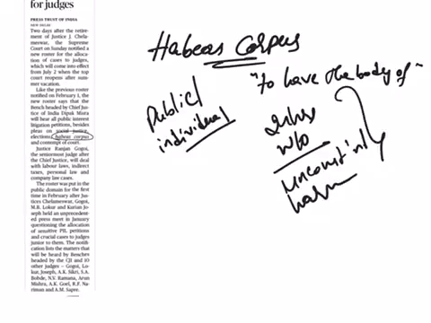Under these 4 cases, this habeas corpus writ can be issued. The habeas corpus writ is called the bulwark of individual liberty against arbitrary detention.